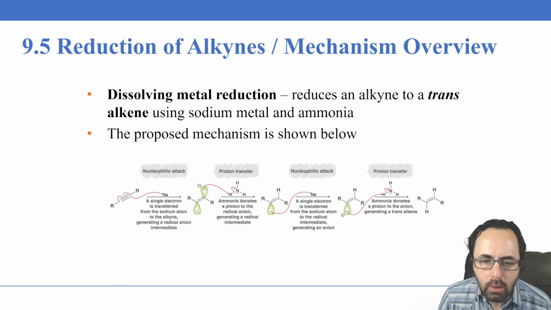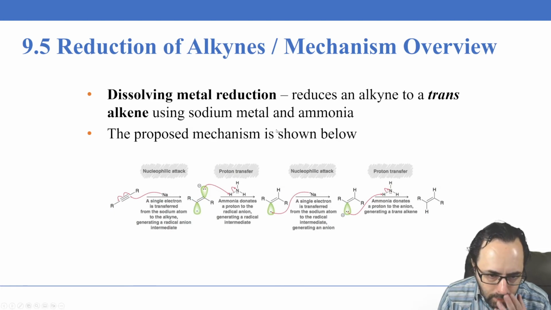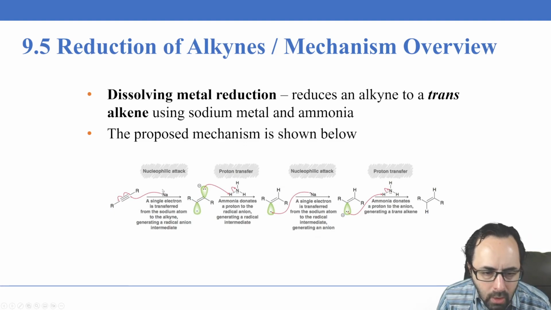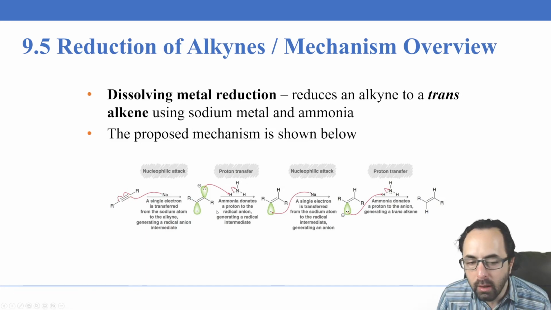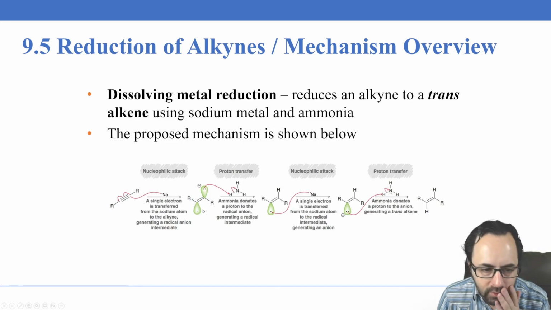What you'll notice about this mechanism that I'm about to show you is that it's kind of a combination of an ionic and a radical mechanism. This mechanism is going to involve the use of single-headed arrows, or fishhook arrows. These are used when one electron is moving rather than two, and we're going to see a lot of that in the next chapter.